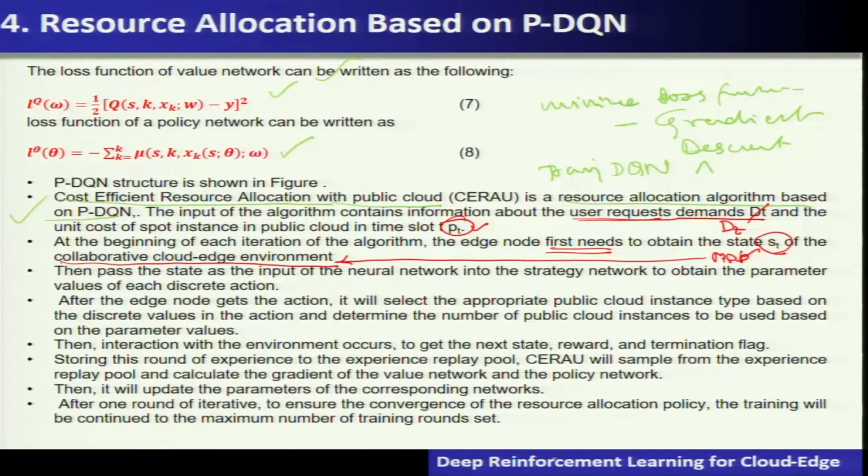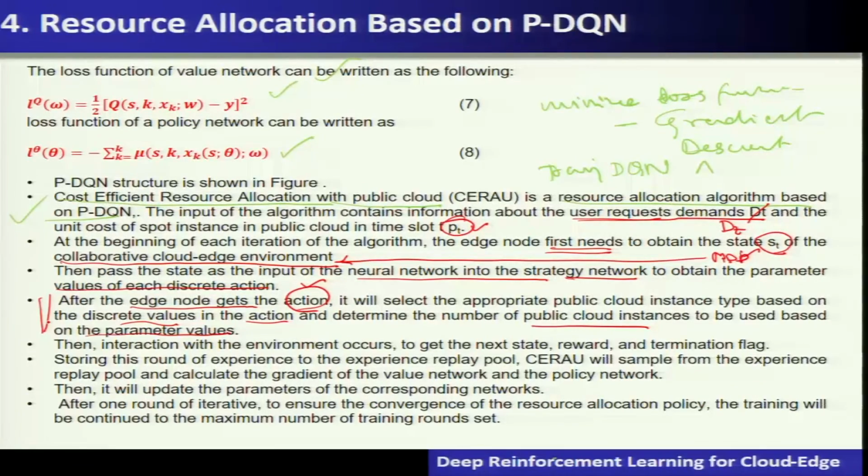The state is given to interact with the environment, and then passed as the input to the neural network, the strategy network, to obtain the parameter values of each discrete action. After the edge node gets this action, it will select the appropriate public cloud instance type based on the discrete values in the action, and determine the number of public cloud instances based on these parameter values.